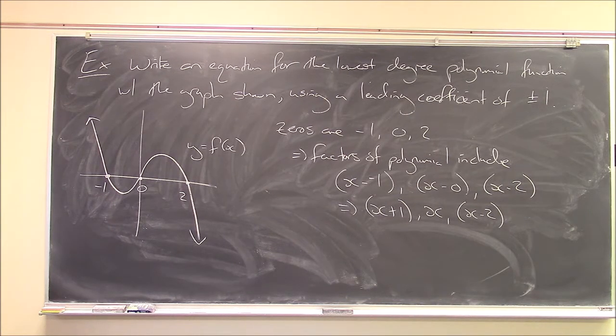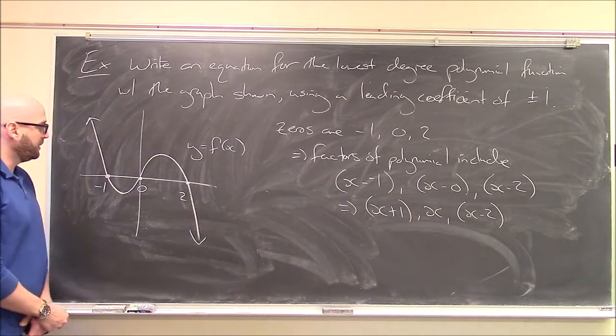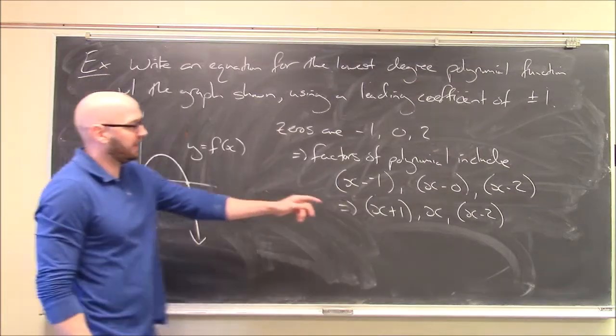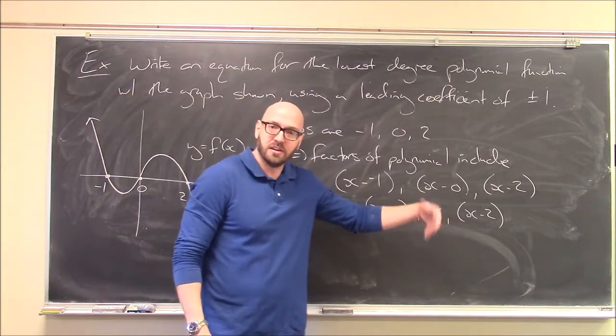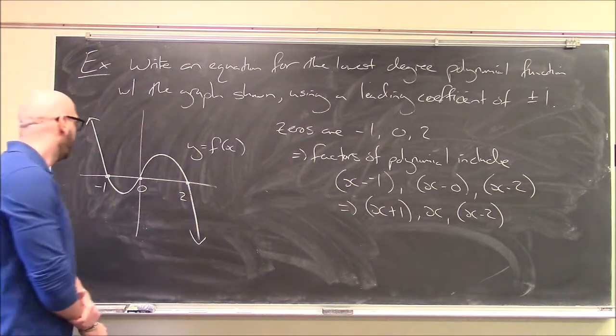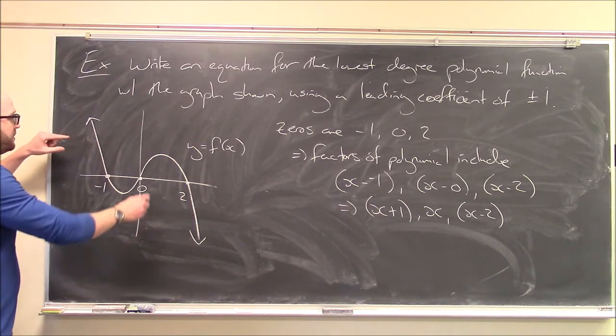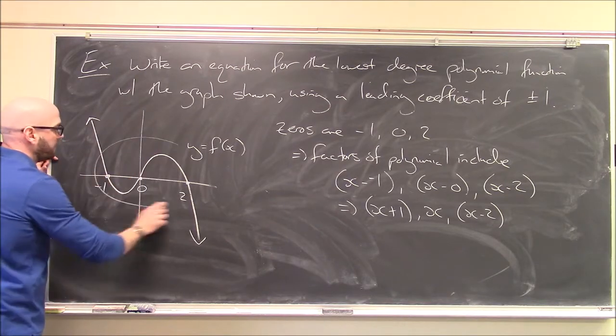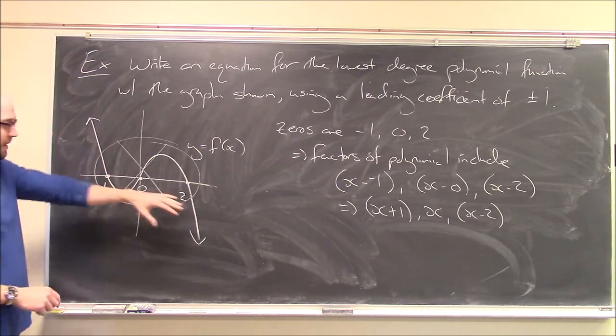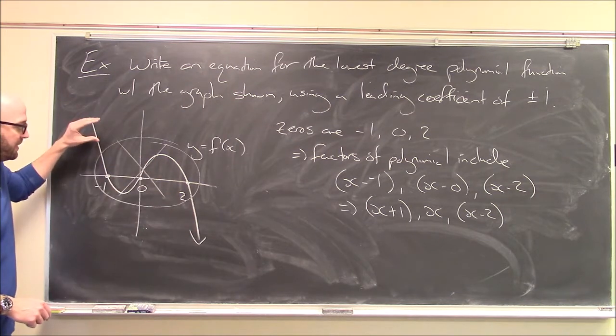What else do I need? Well, I need my polynomial to be odd degree, but if I multiply 3 linear factors together, that gives me a degree 3, so it will be odd. And why am I saying odd, by the way? Well, because I'm looking at the end behavior of this graph, right? Forgetting about all this stuff, I'm looking at the end behavior. This is an odd degree polynomial.